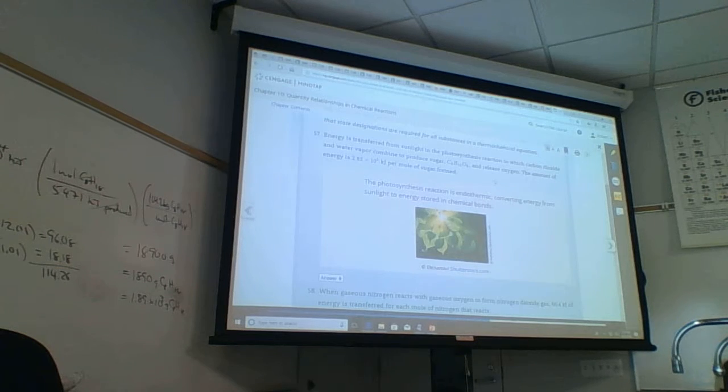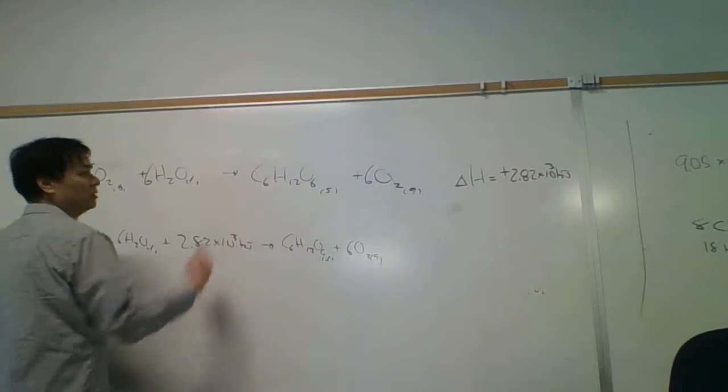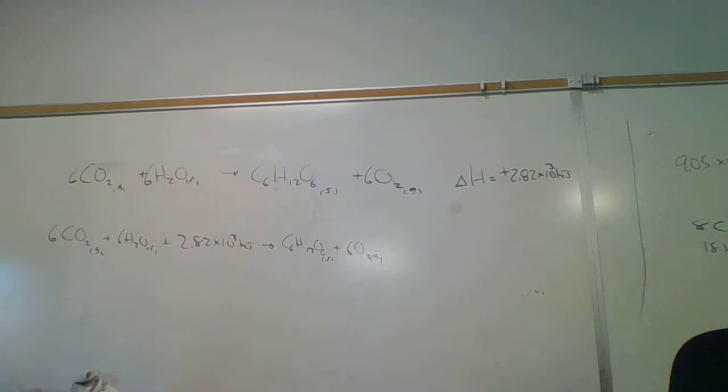The states are very important in thermochemical equations. Because, you know, if you take a solid and convert it into liquid, does that require energy to melt or release energy to melt? It requires energy to melt. And so if it's a liquid, it's a different energy level, we call it. And so the states are very important here.